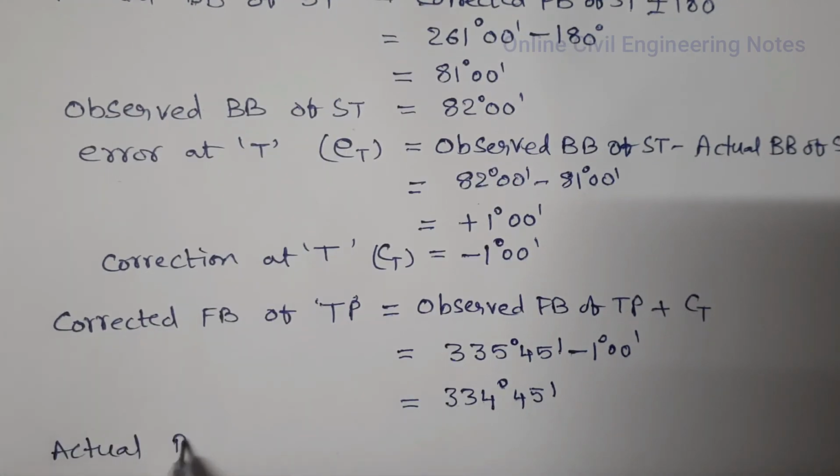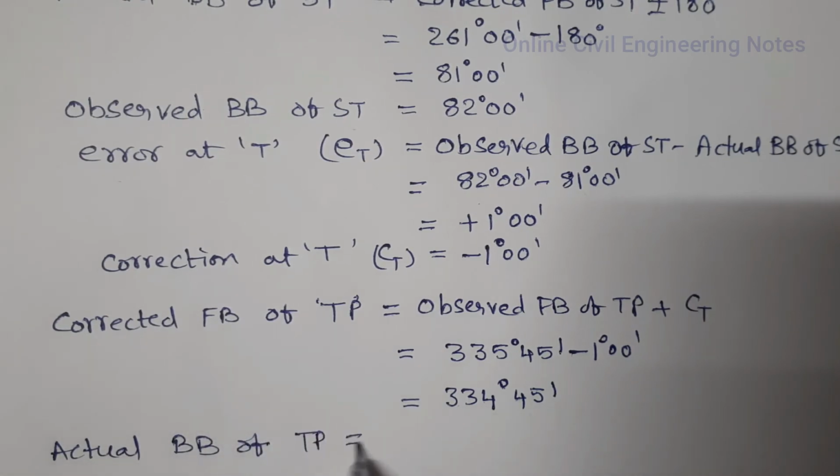Actual back bearing of TP is equal to corrected fore bearing of TP plus or minus 180 degrees.